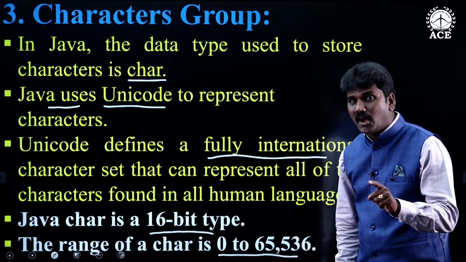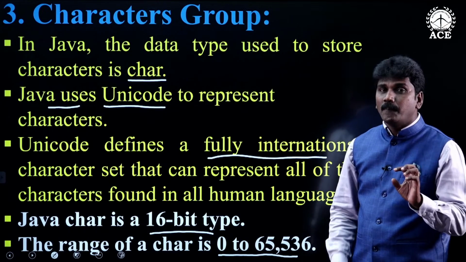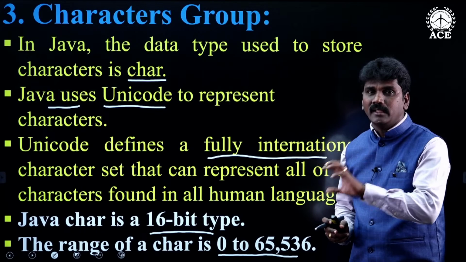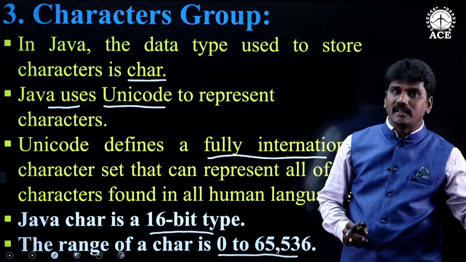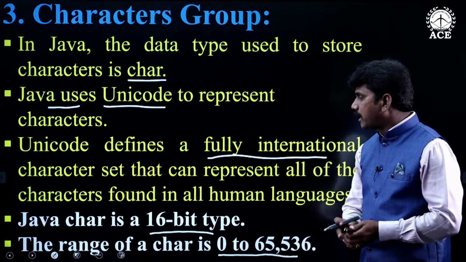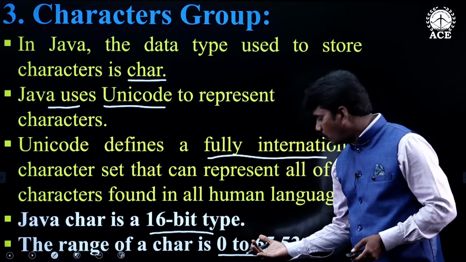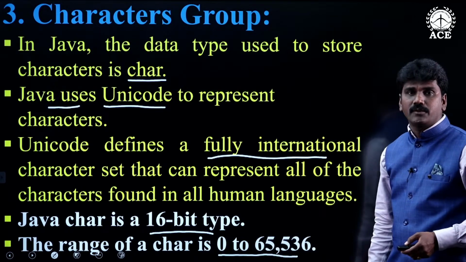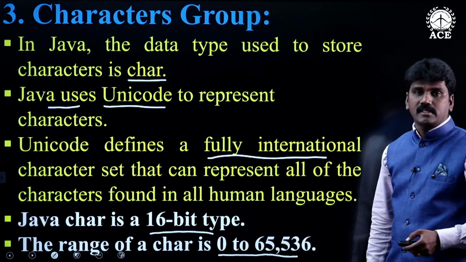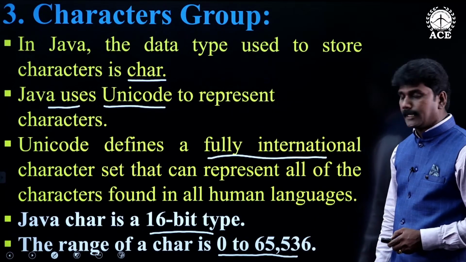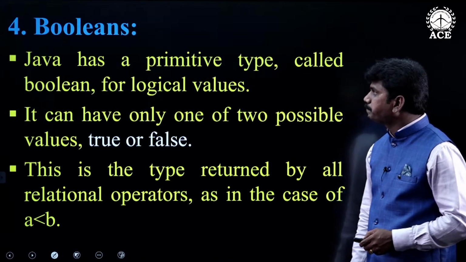The size of short is also 2 bytes. But what is the difference between these two? Character is non-numeric, short is numeric. That's why short allows the signed range, whereas character allows only the positive range, 0 to 65,536. So in total it contains 65,536.